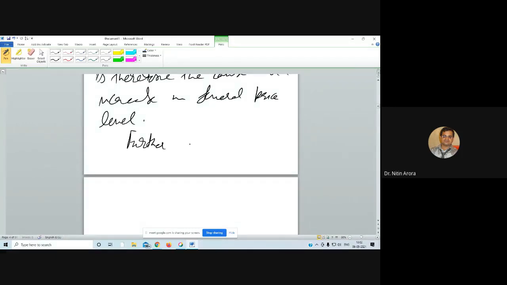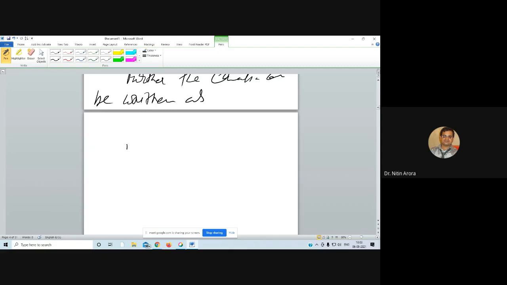Further, the equation can be written as P is equal to V bar into M upon T bar.